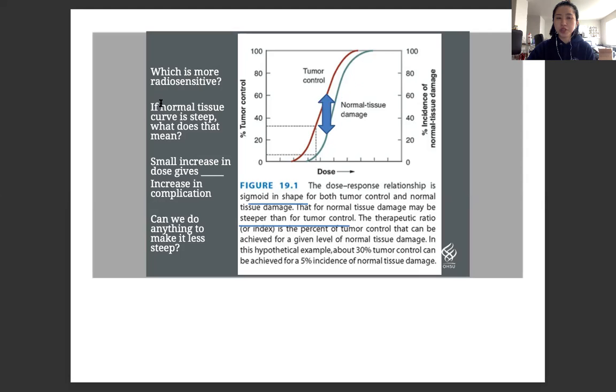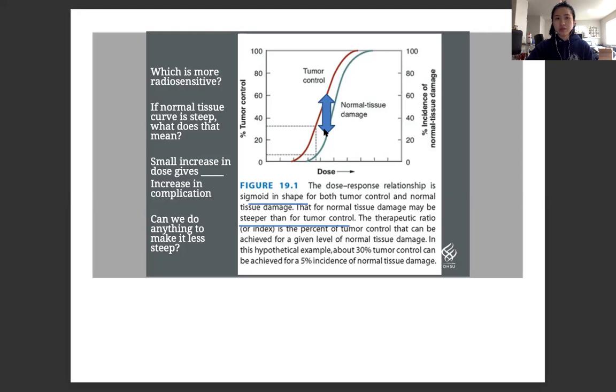A couple of questions on the slide: which is more radiosensitive? Obviously, radiosensitive is the ability of cells to become sensitive to radiation, which is really beneficial in radiation therapy, so we can treat tumor.